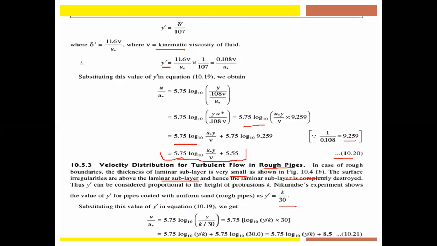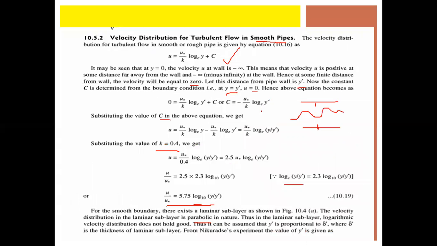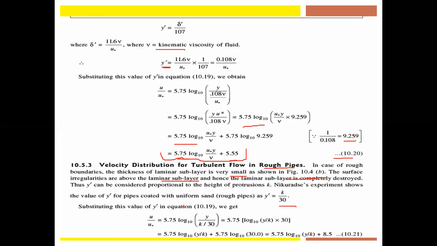Now substituting the value of y dash in equation 10.19, the same way, u by u star is equal to 5.75 log 10 of y by k by 30, that is equal to 5.75 log 10 of 30 y by k.